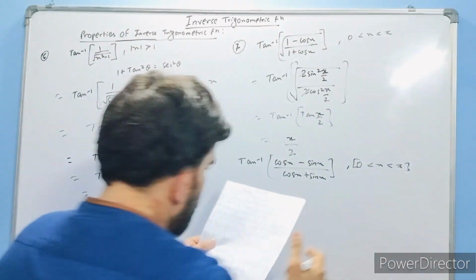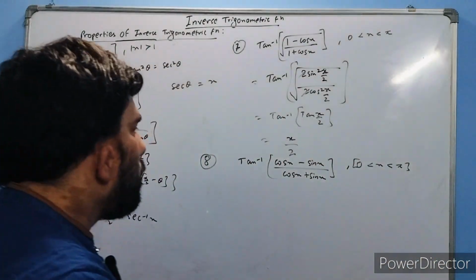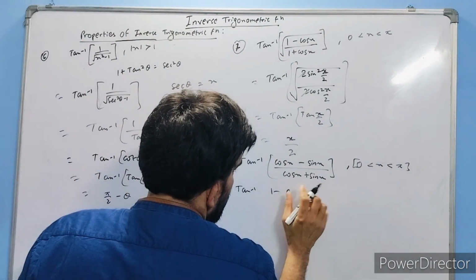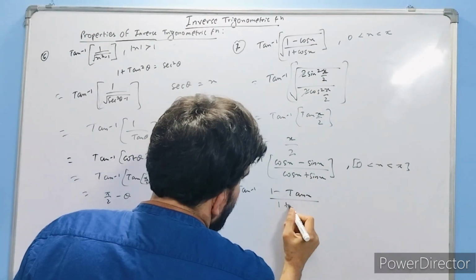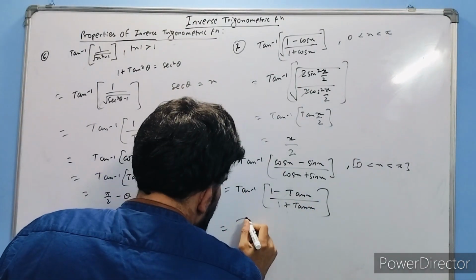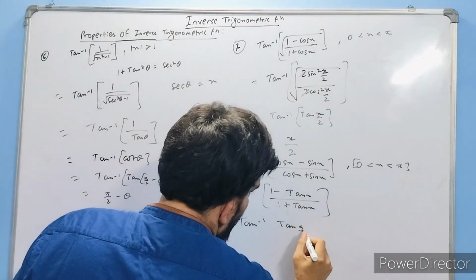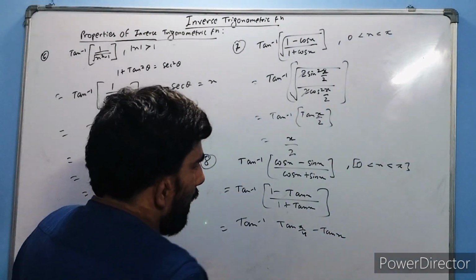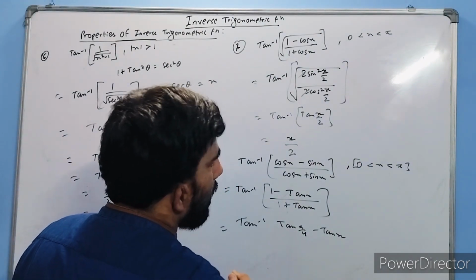Okay, so now cos x minus sin x. What we can do here is divide by cos x, so we have 1 minus tan x upon 1 plus tan x. What I can put here is tan pi by 4, because we all know the value of tan will be 1 at pi by 4.